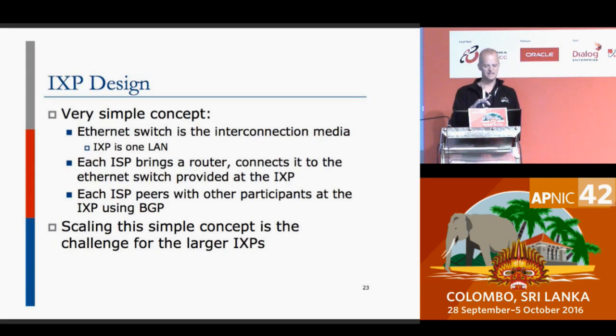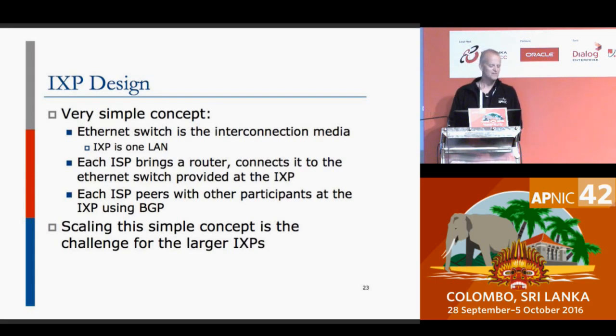However, scaling this simple Ethernet switch is the challenge for the big IX. I mean, a lot of the work I do around the world, well, I don't know if you really want to be like LINX. I mean, LINX has 600 plus members, or AMS-IX or DE-CIX, some of the big European IXs. Maybe having that ambition to have that number of members in the future is a great one to have, but we don't start building it as though there are going to be 600 members from day one.